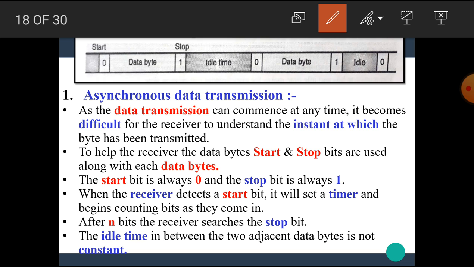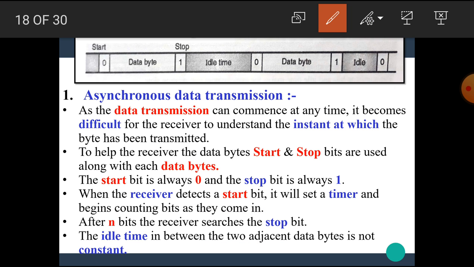When the receiver detects a start bit, it will set a timer and begin counting bits as they come in. After n bits, the receiver searches for the stop bit. The idle time between two adjacent data bytes is not constant.